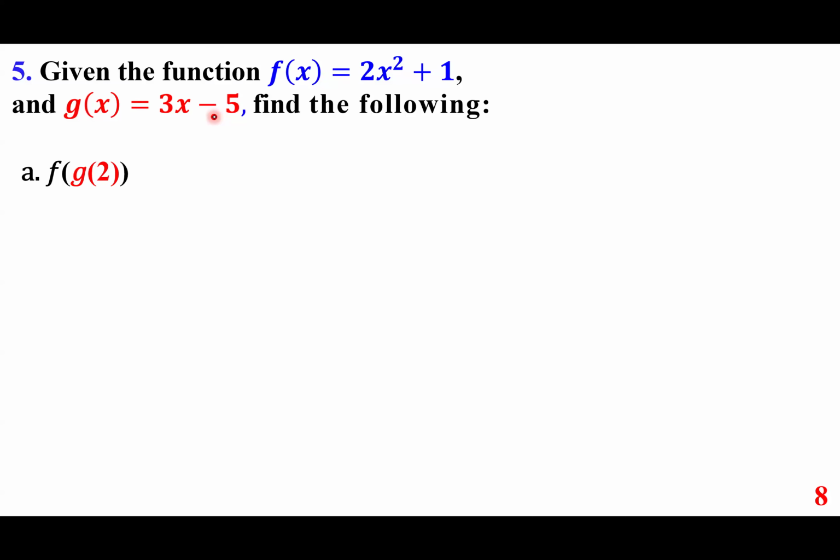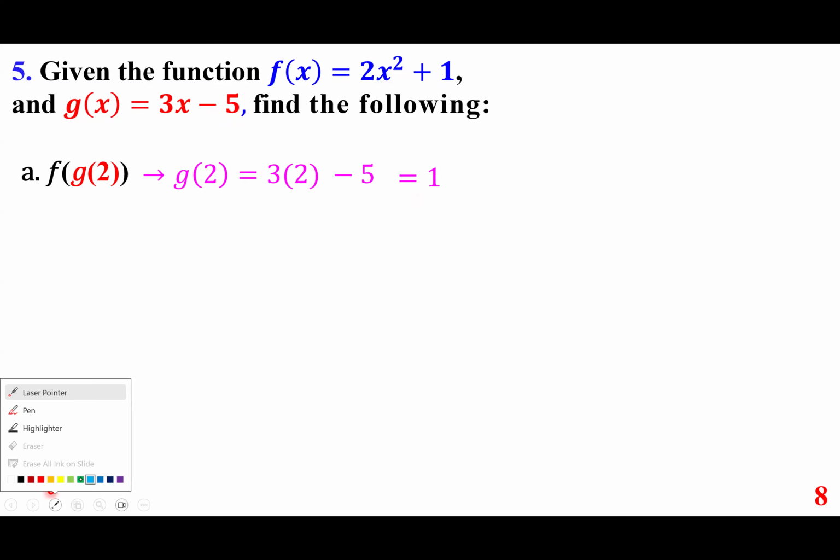And by the way, you can find f of g of x and put 2 in there, or just for f of g of 2, first find g of 2. So g of 2, plug in 2. 3 times 2, 6 minus 5 is 1. So that's very straightforward, everybody.